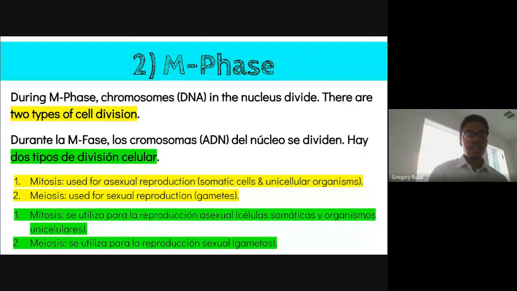Okay, there's a lot here, so I'll spend some time here. The second step of the cell cycle is M phase. During M phase, the chromosomes in the nucleus divide. And there are two types of cell division. M phase can either be mitosis or it can be meiosis.